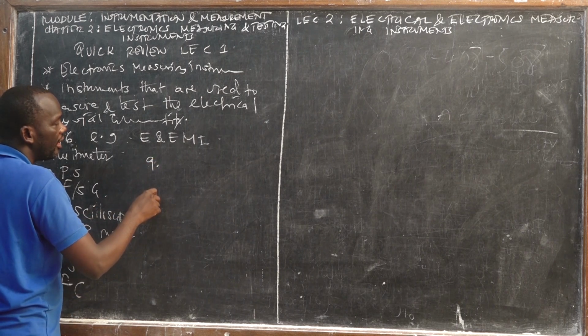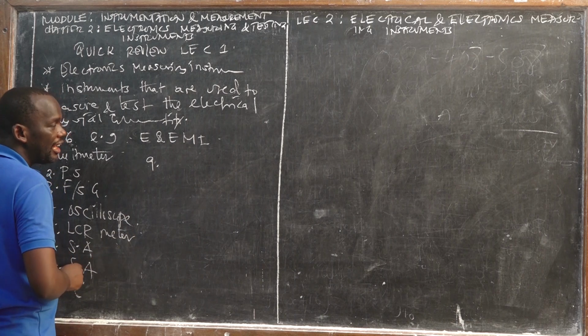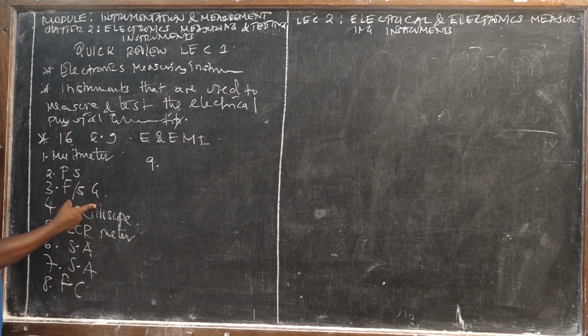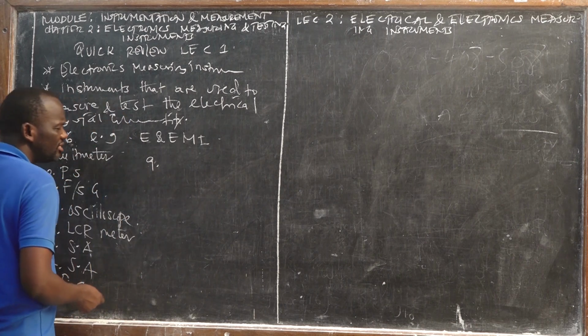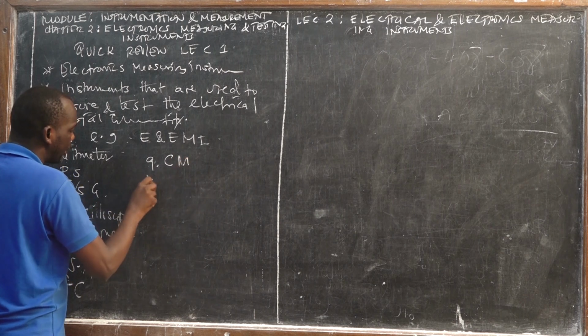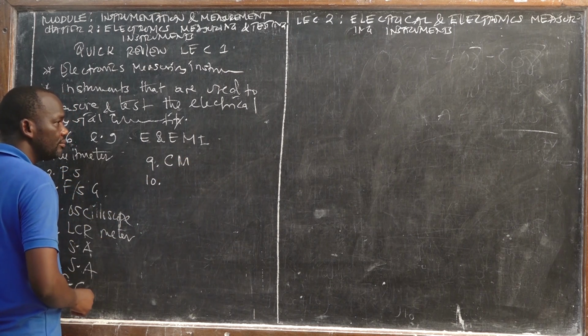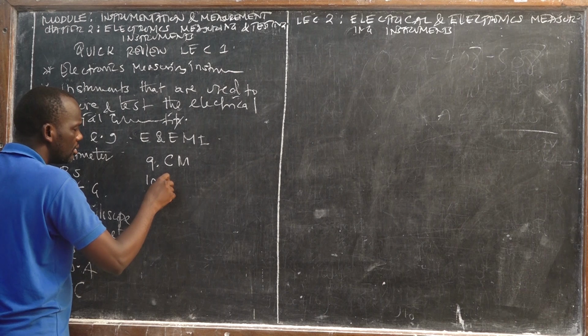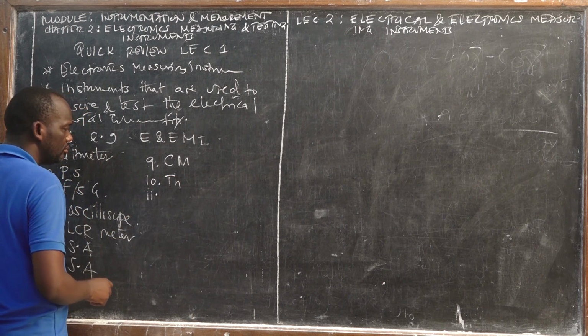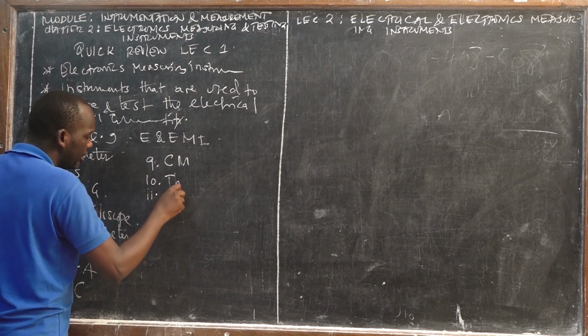Number 9 is the clamp meter. We have already mentioned the function or signal generator. Number 10 is the thermometer. Number 11 is the voltage tester.